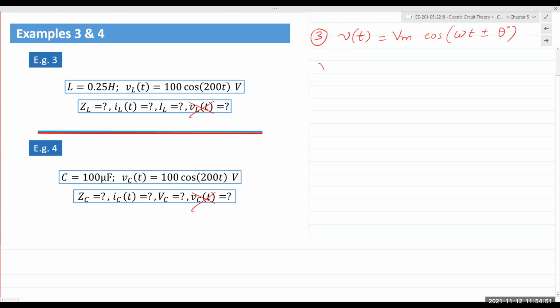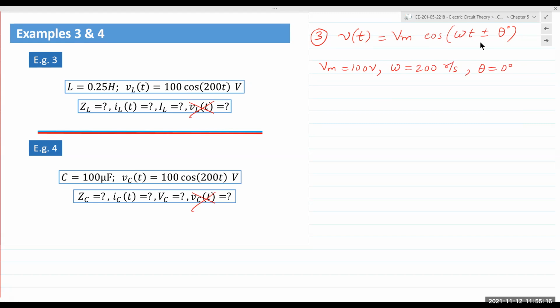And we obtain Vm as 100 volts. Omega is 200 radians per second. And theta is 0 degrees because it's already 0. This is already given to us in cosine form.